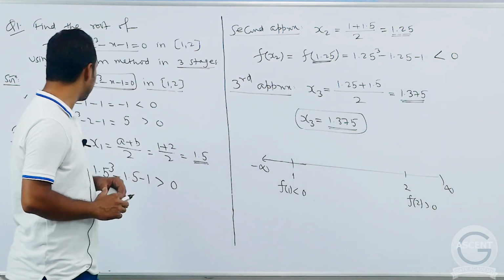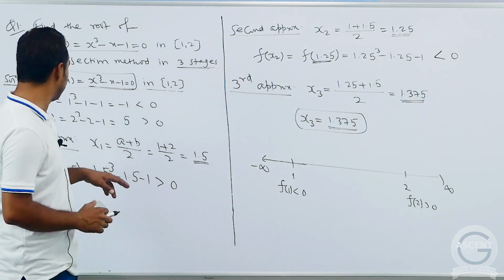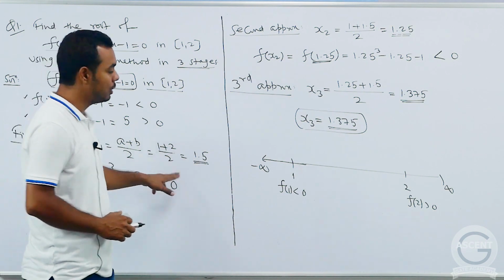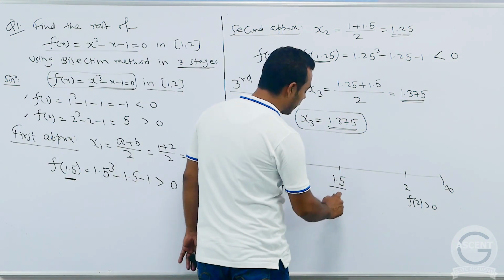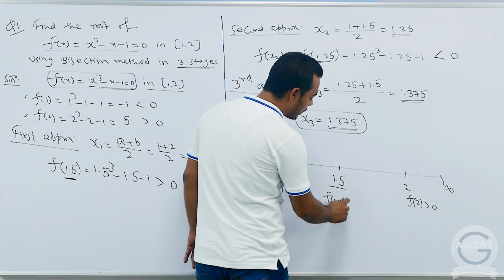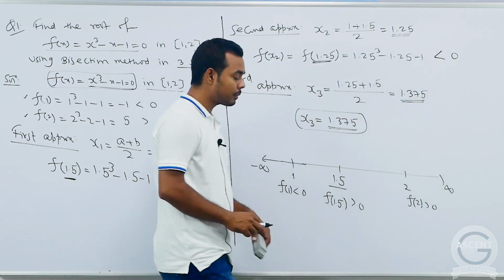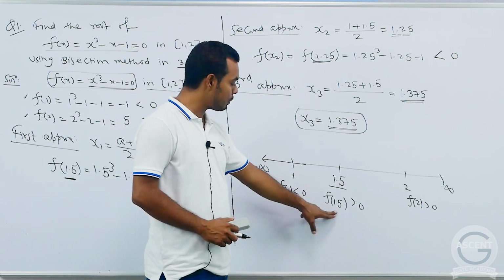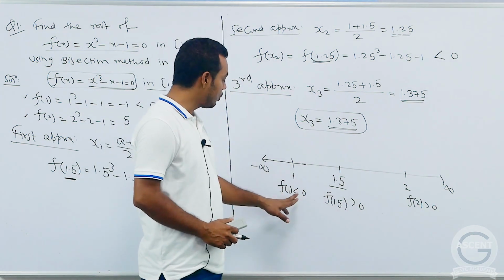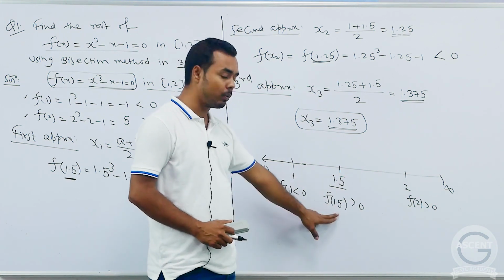So for the first approximation, we calculated the midpoint of 1 and 2, which is 1.5. Now we calculated f of 1.5. This value was positive. So now at 1 you had a negative value, at 1.5 you had a positive value, and so the root must be between 1 and 1.5.